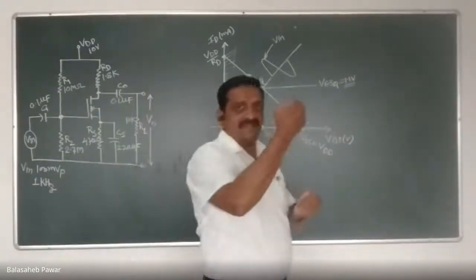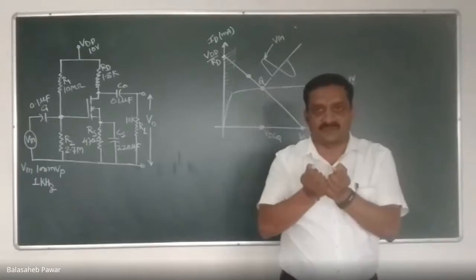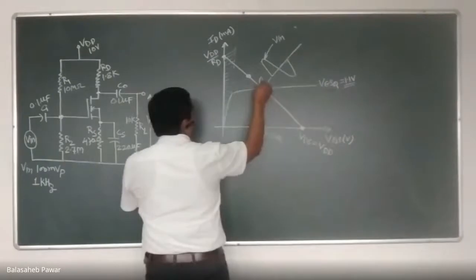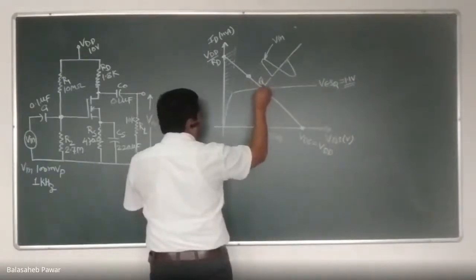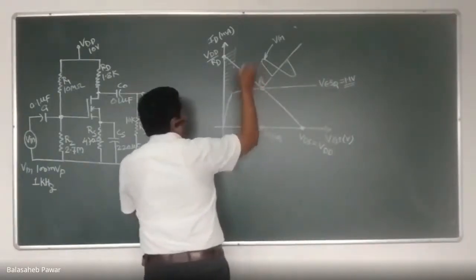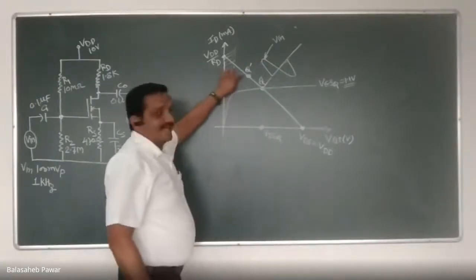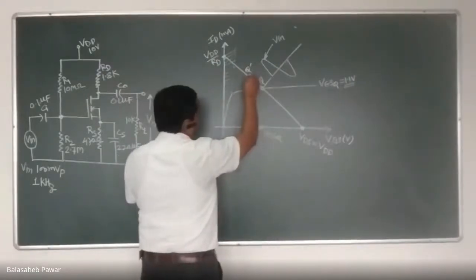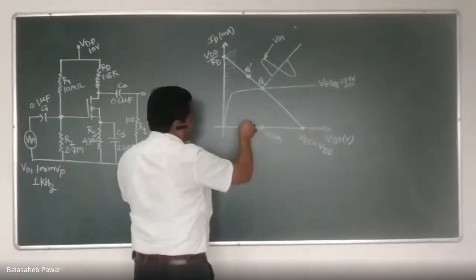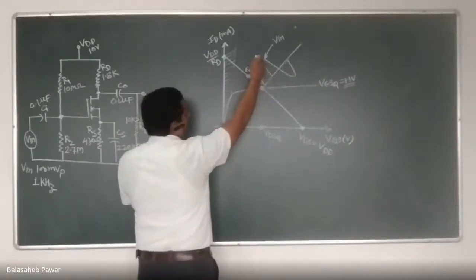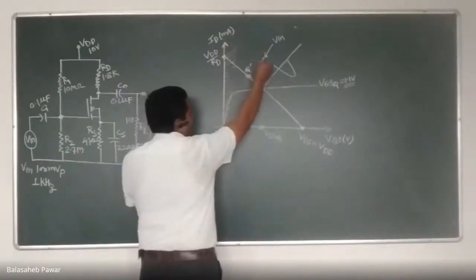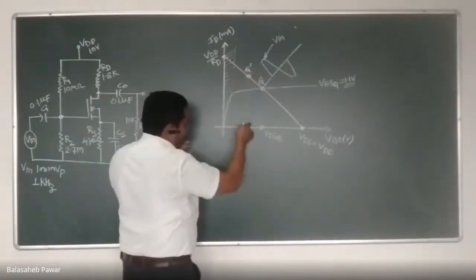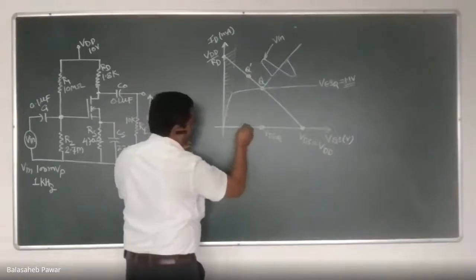Gate voltage gets increased from its fixed value, that is 2 volts, to 2.1 volts. That means this operating point will get shifted from its center to over here. We'll call that shifted operating point Q dash. Now, just find out how much will be the output voltage with respect to that Q dash. Whenever that input signal goes to its positive peak, Q gets shifted to Q dash as shown, and just plot its respective output voltage. It will get shifted over here.